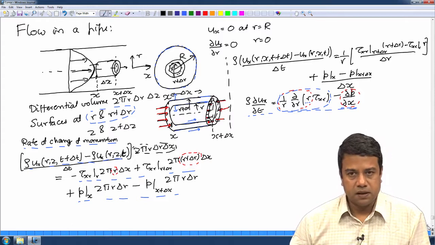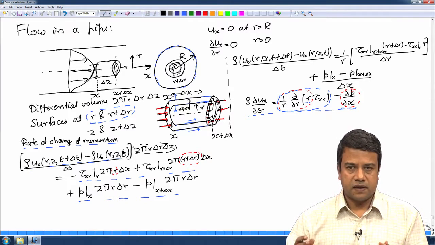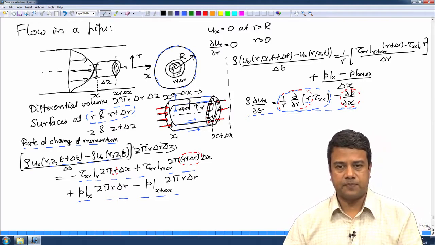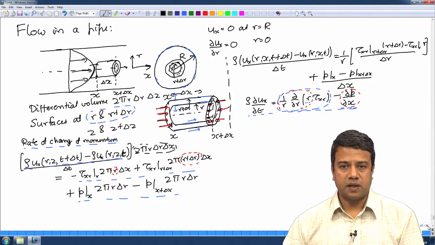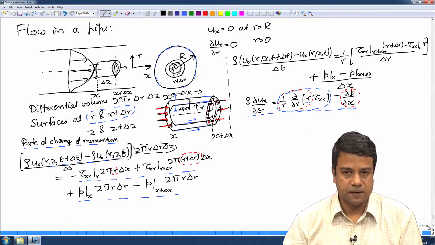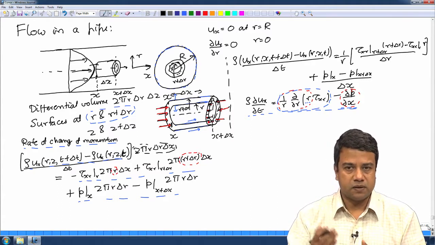The momentum balance that I have written here is for the x momentum, the momentum along the flow. I could write a momentum balance equation perpendicular to the flow, in the radial direction, in any direction that is perpendicular to the flow.